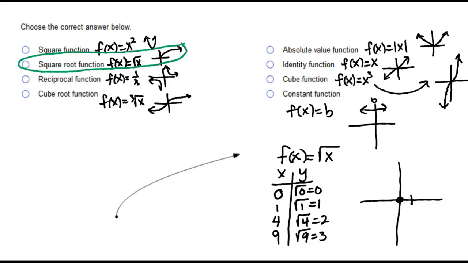I have 0, 0, 1, 1, 4, 2, and 9, 3. And hopefully you see why we chose this function as the one to match this graph. We have our square root graph here.